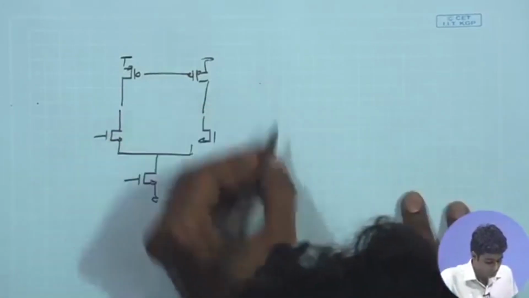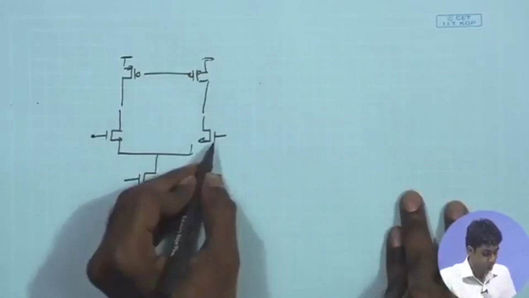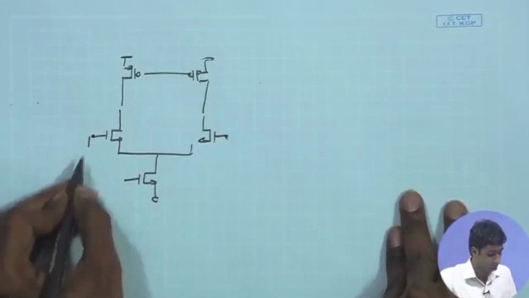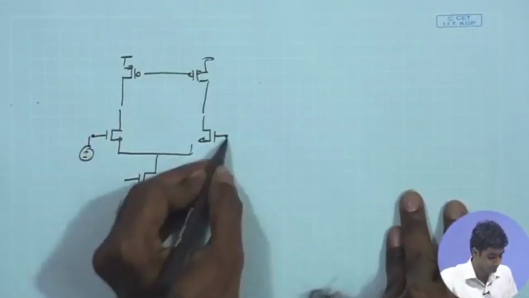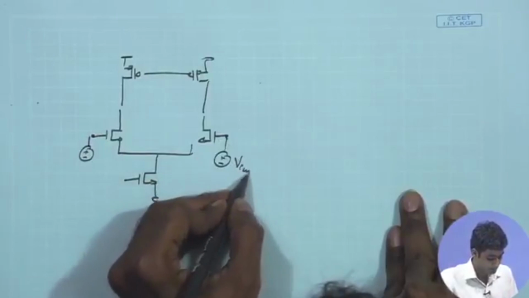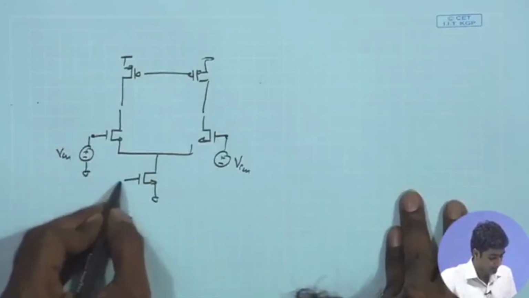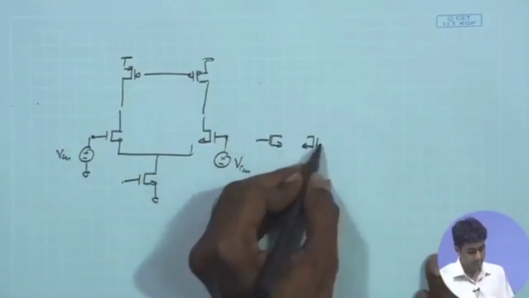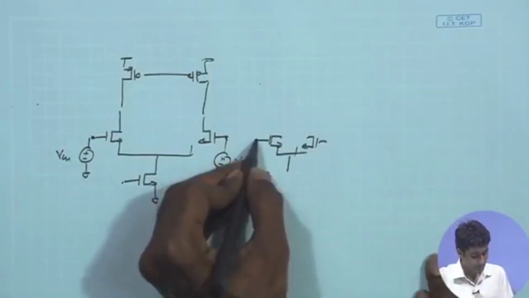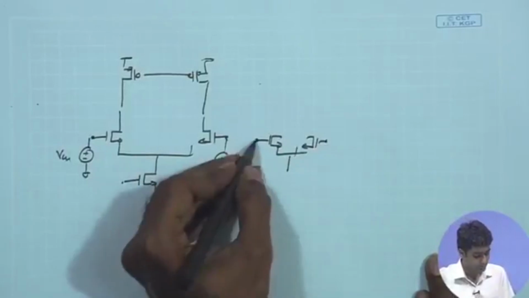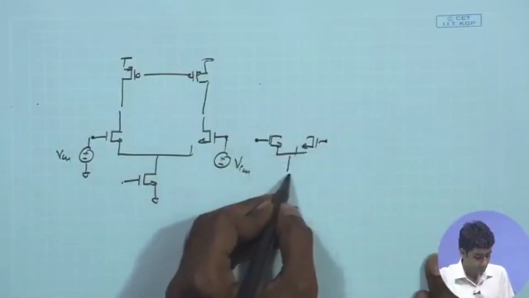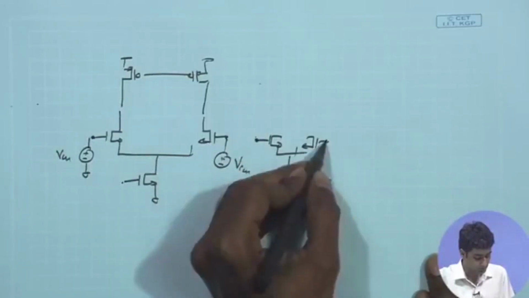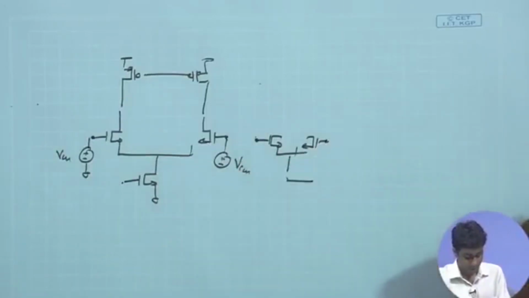Under this condition, we know that the input points are supposed to be at the common mode DC level. So, I will just put the same VCM over here, the DC level expected, and this is the same DC point for the differential pair or the split pair that you have. We are breaking the loop over here, and therefore these two gate voltages need to be connected to the common DC point.